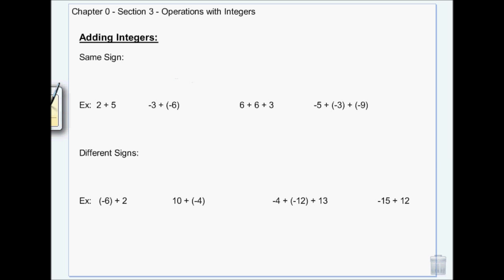When you're adding integers and they have the same sign, okay, it's like a matching game. The signs match, yay. So when they're the same sign, you're going to add the numbers and keep the sign the same.